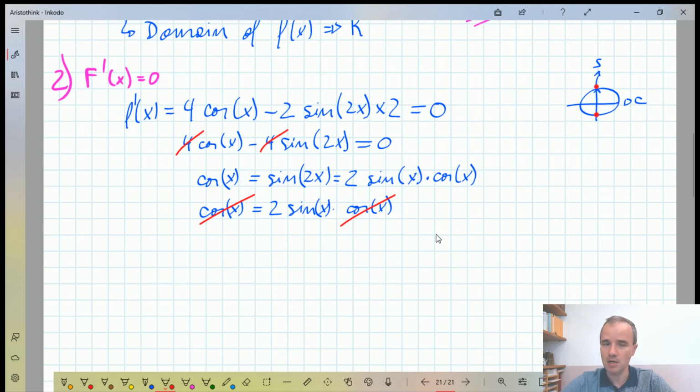I know. So what am I doing? I'm going to divide by cosine because I want to make it simpler. But when I divide by cosine, I am excluding the possibility of x being pi over 2 and 3 pi over 2. I'm excluding those possibilities. I'm being blind. But don't worry, I'm going to account for that later. I'm going to study those points too, in case they are interesting.